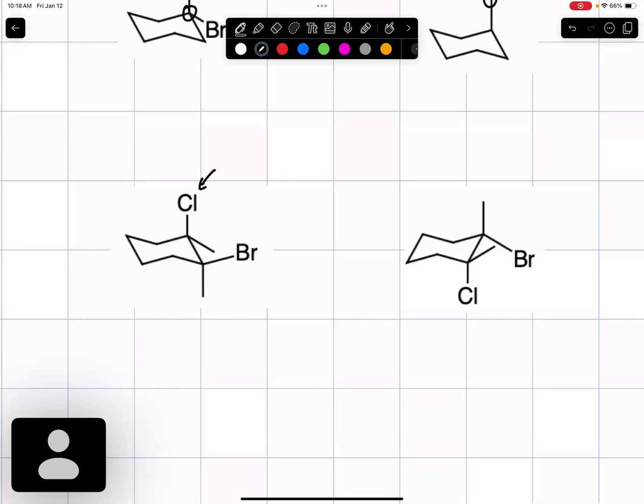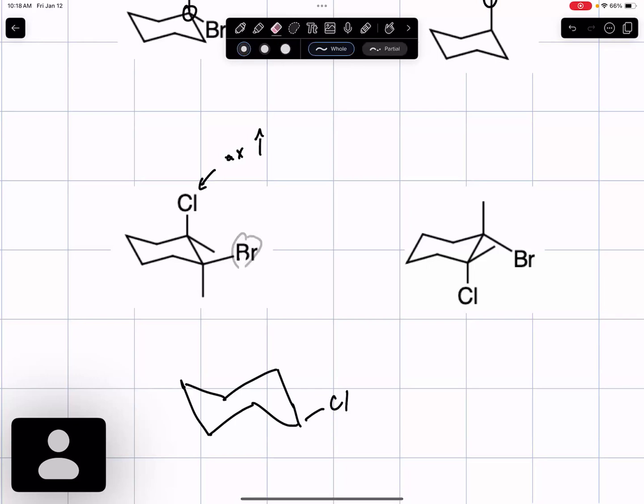If this is pointing axial up, then after the flip it would be pointing equatorial up. And then this Br, since it's pointing equatorial up, is now going to be pointing axial up.